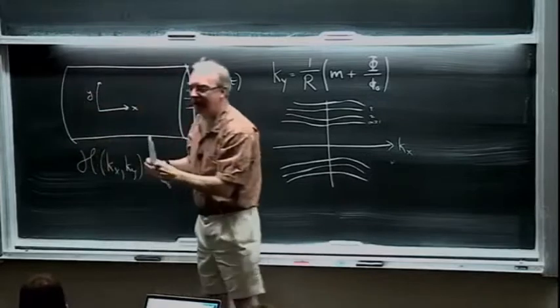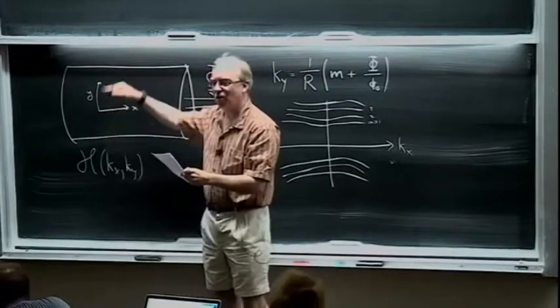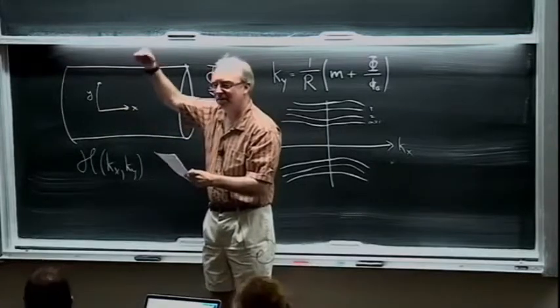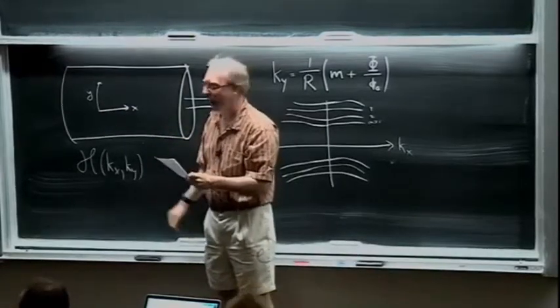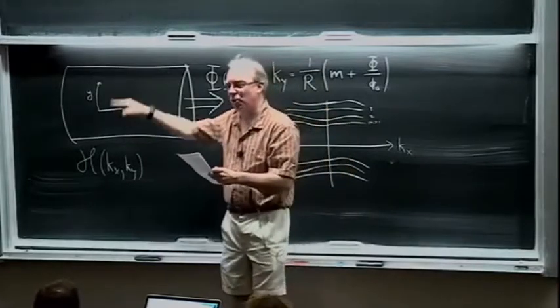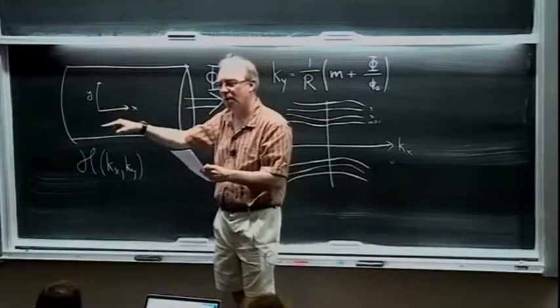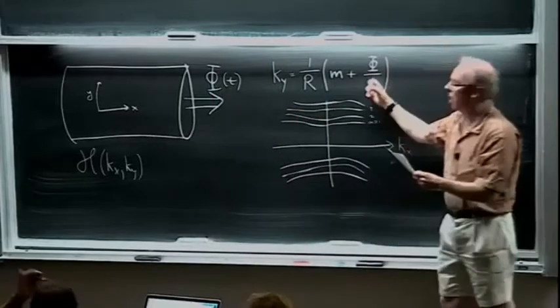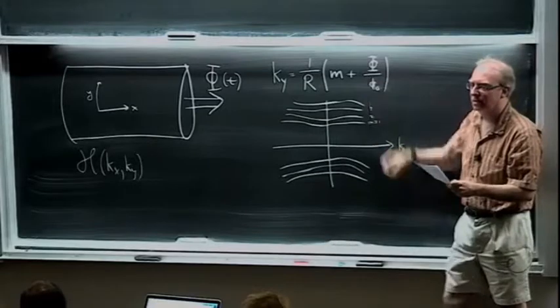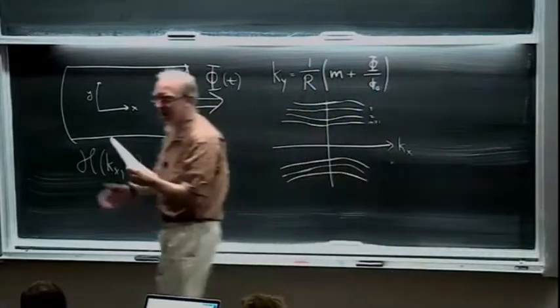So y is compactified on a circle, so that ky is then going to have discrete values. Okay, but the magnetic flux changes the boundary conditions, sort of changes the phase that you pick up when you go around, and so that shifts ky by this amount. Am I clear? Okay, good.